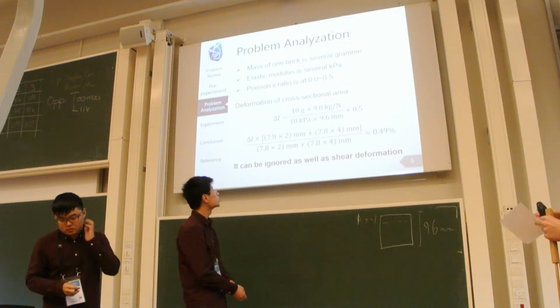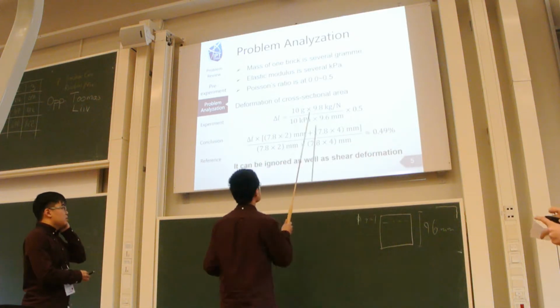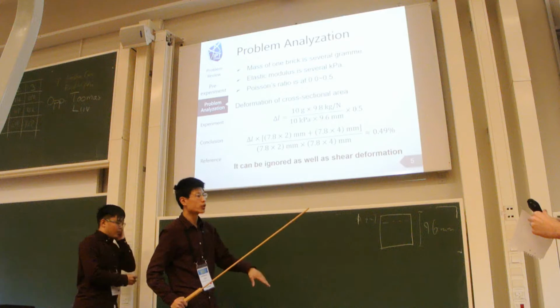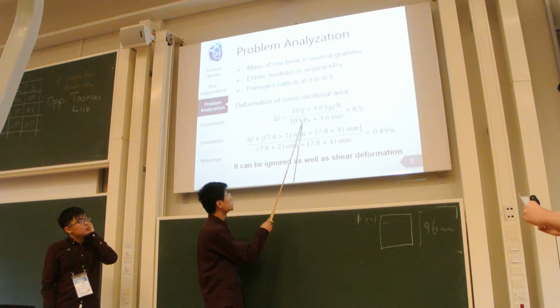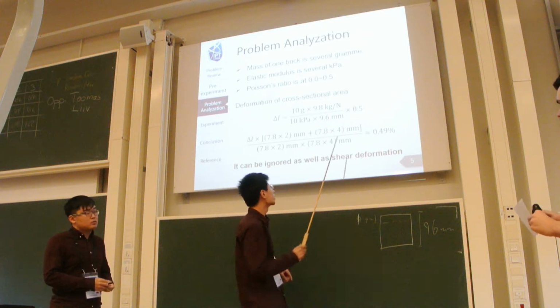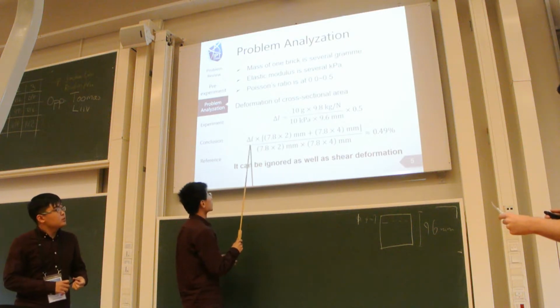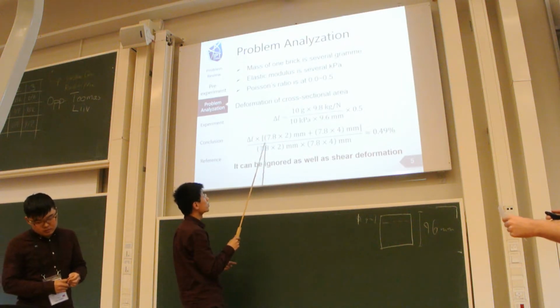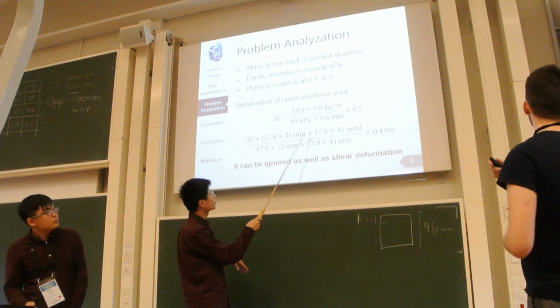Well, we first, could you give me this one? Yeah. Thank you. This is the whole weight of the tower, this is the gravity constant, this is the elastic modulus, this is the height of one brick, this is the porosity rate of the bricks, and this is the area of the bricks.